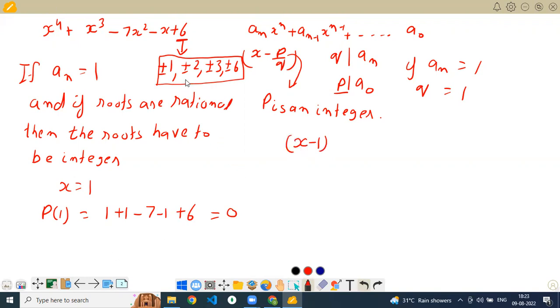Let's try x is equal to minus 1. So p of minus 1 is equal to 1 minus 1 minus 7 plus 1 plus 6. This is also 0. So x plus 1 is also a factor of this.